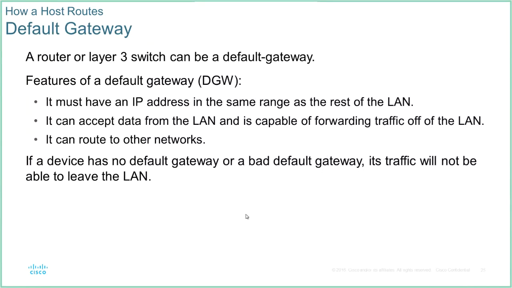And it accepts all traffic from that network that wants to get outside to remote networks, and every device should have a default gateway configured so that it can send it to that gateway and forward it on.